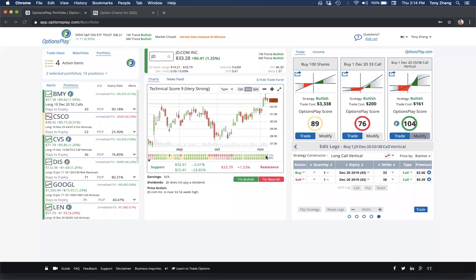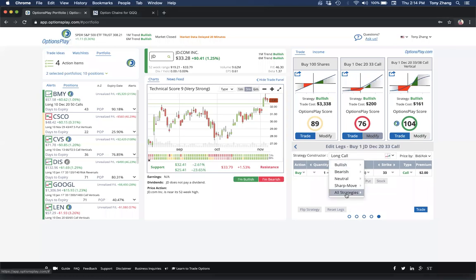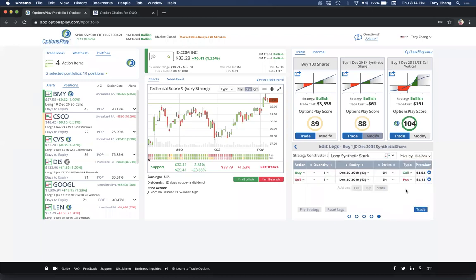Any comments on long combo? If by long combo you mean a synthetic stock, long synthetic stock, I don't particularly have a comment on it per se.